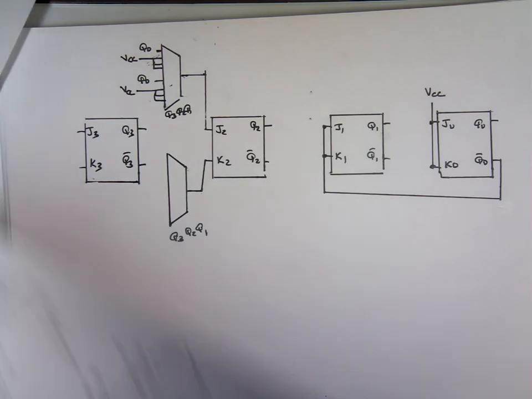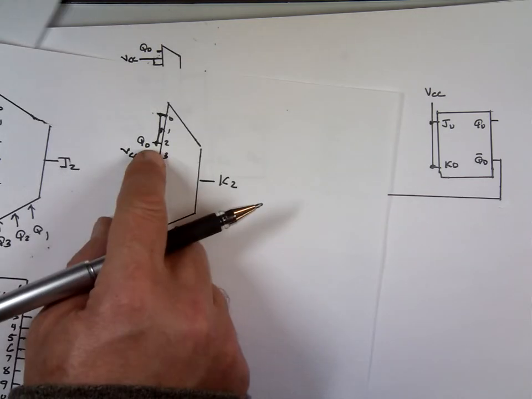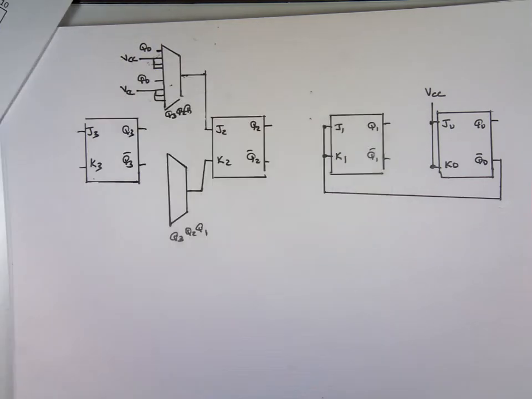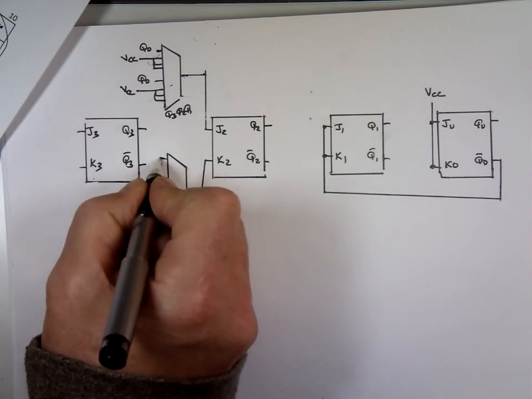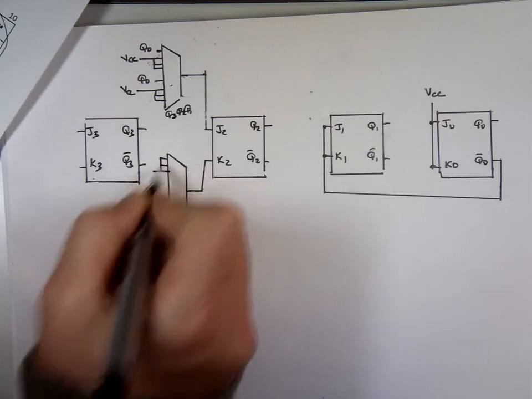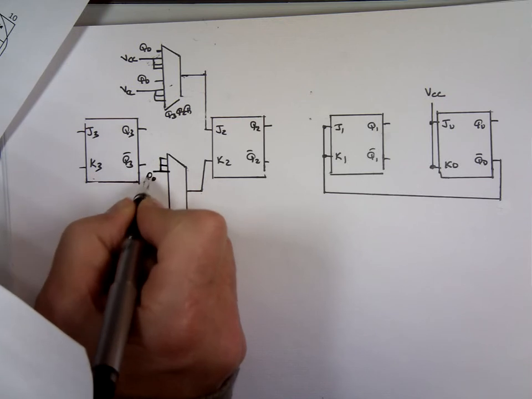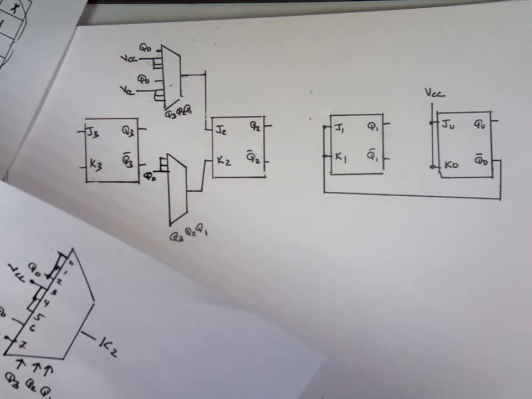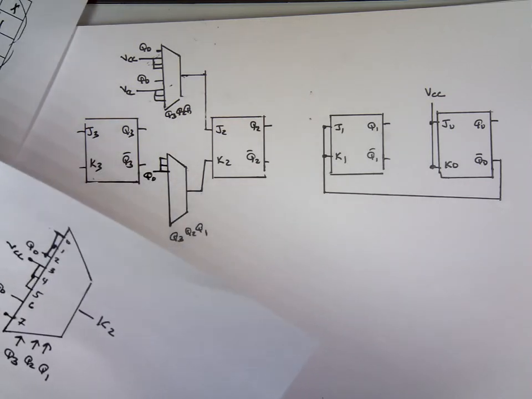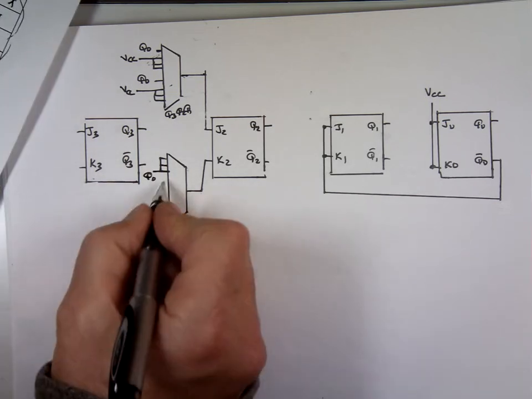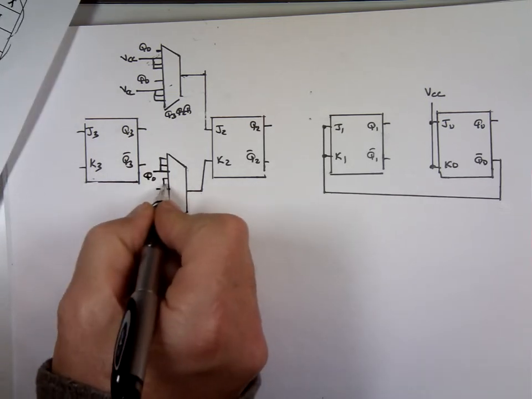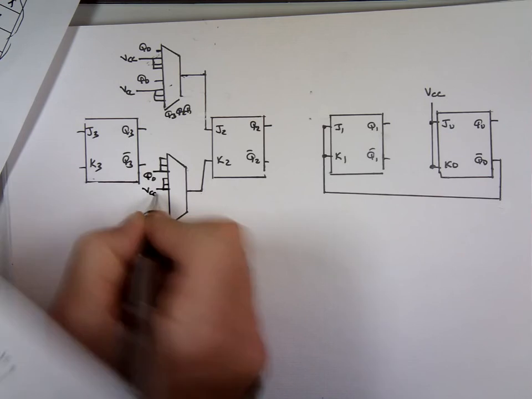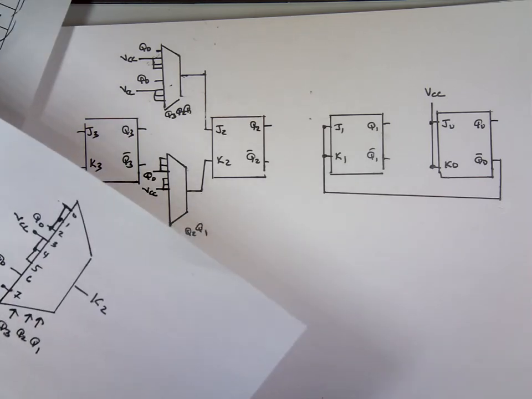This one, Q0 to 0, 1, and 2. Q0. VCC 3, 4, and 5. Then Q0, then VCC.